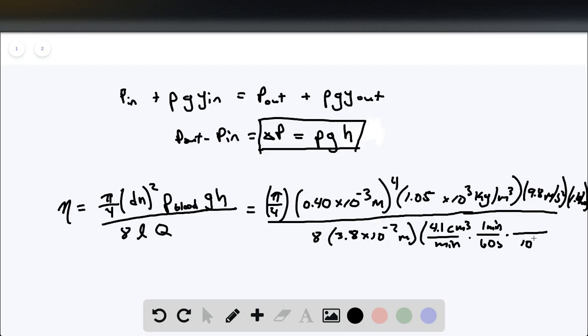So 10 to the minus 2 cubed would be 10 to the minus 6 meters cubed per centimeters cubed. That's a unit conversion, so that we have this in terms of meters cubed per second. So we'll get an answer in SI units, 3.5 times 10 to the minus 3 Pascal seconds, where Pascal is defined as a newton per meter squared.